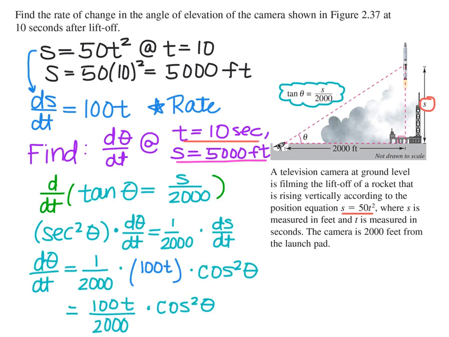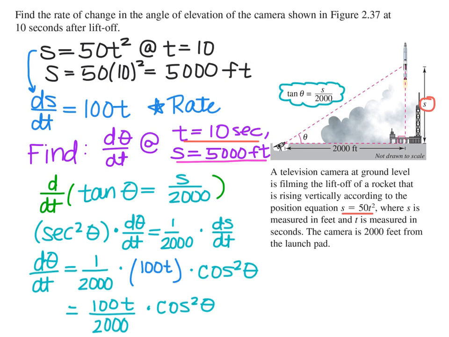So what I'm going to do is take the derivative of both sides in terms of t. Using the chain rule, the derivative of tan of theta is secant squared theta times d theta over dt, and I'm going to separate out 1 over 2,000 and multiply it by s, so all I have is the constant 1 over 2,000 times ds over dt. What I can do is divide by secant squared theta, which is like multiplying by cosine squared theta.